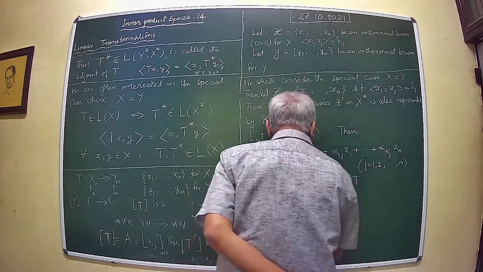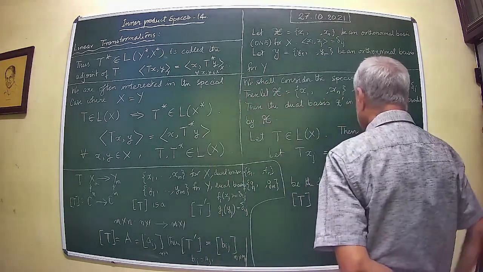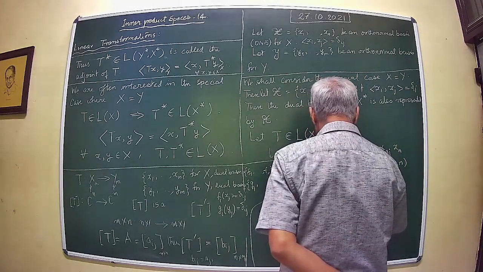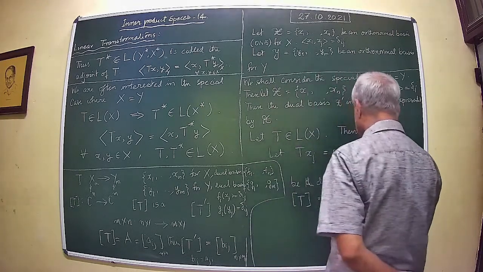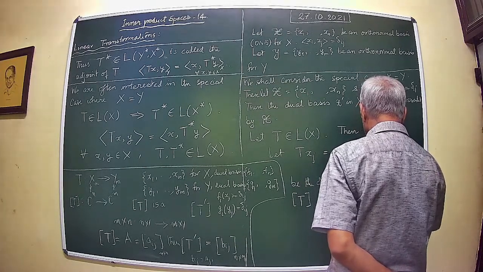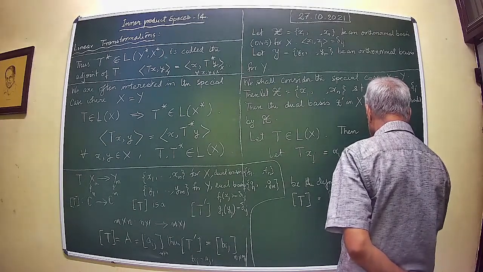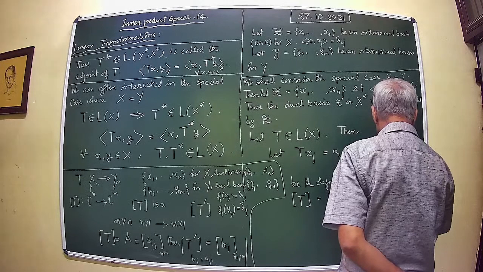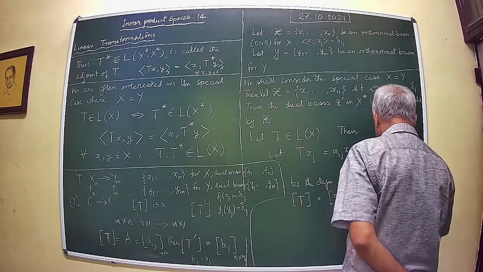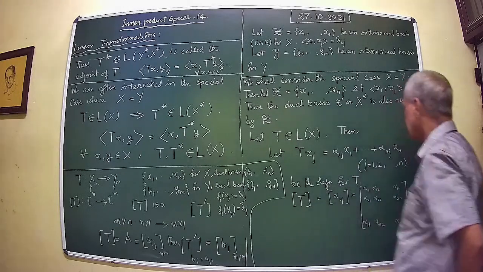Then the matrix representation for T is given by this.